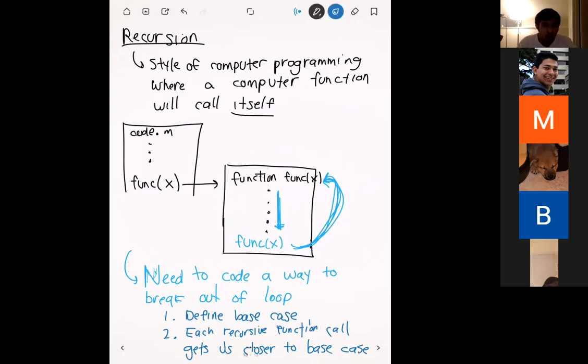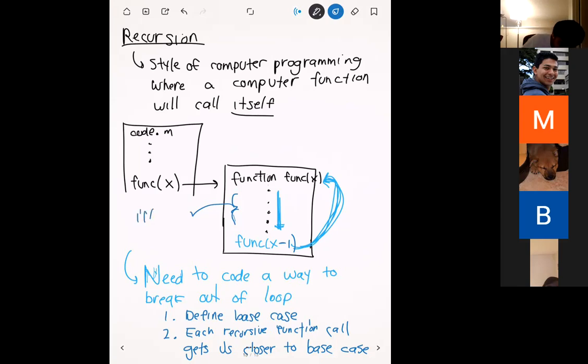Right. And so a common way to break out of this loop is that I wrote this funct here with the x variable on purpose, right? And so the way that you break out of this loop is that when you recursively call this function, you don't call it with funct of x, because if you do that, then there's no way to break out. What you do is call it as funct of x minus 1, okay? And so every time you call funct, x is going to be reduced by 1, okay? And then eventually somewhere in the body of this function you have a situation when x reaches some kind of minimum value, right?